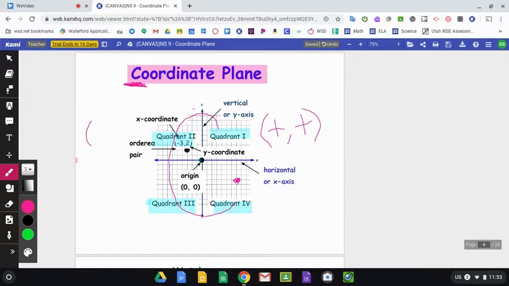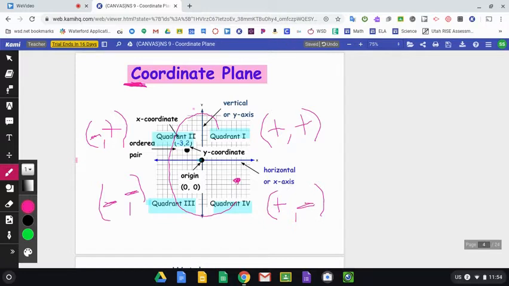Here in quadrant 2, my x number is negative because I went to the left, and my y number is positive because I went up, right? Okay, down here in quadrant 3, my x number is negative because I went to the left. My y number would be negative because I go down. And the last one, quadrant 4, my x number is positive because I go to the right. My y number is negative because I go down.